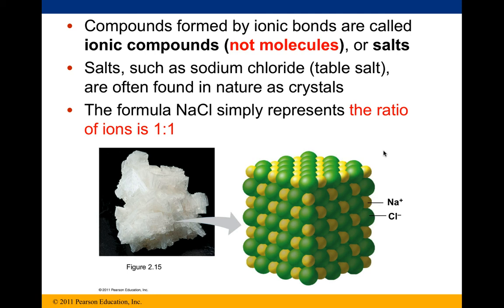They are from two different elements, so they're definitely compounds. Remember, ionic bonds are always forming compounds, or they're also called salts. Remember the example for ionic bond: sodium chloride, NaCl.